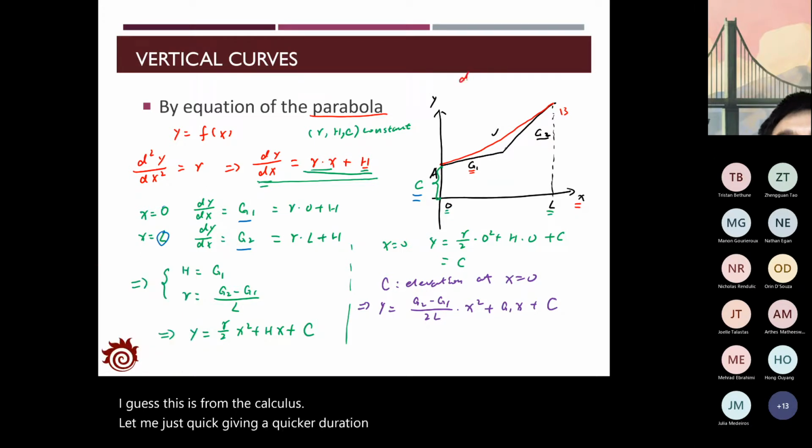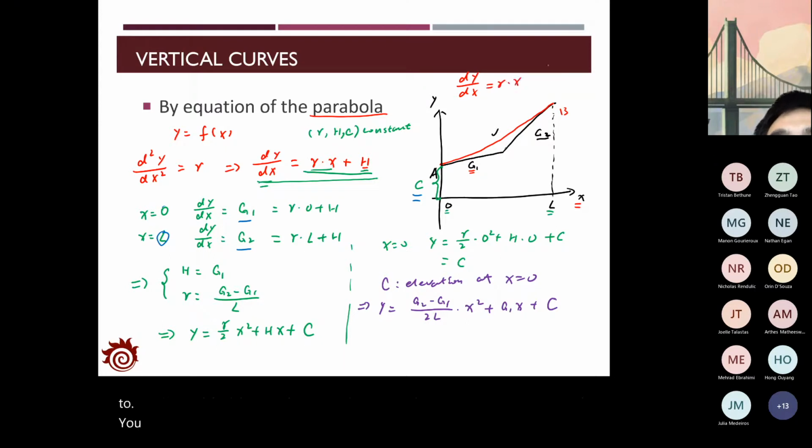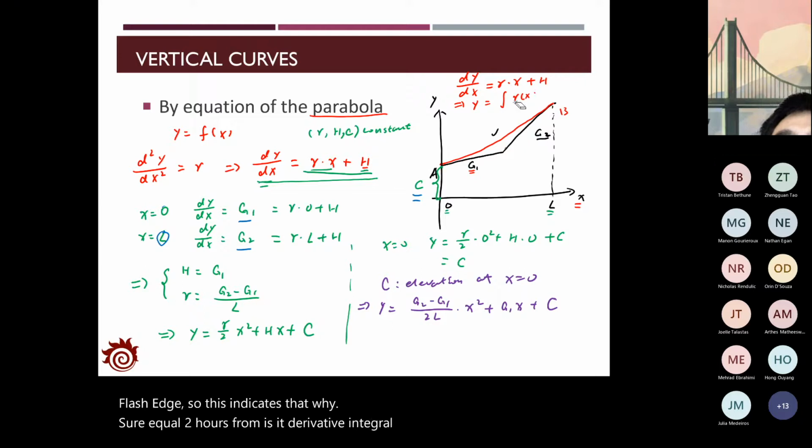So you have dy divided by dx equal to rx plus h. So this indicates that y should equal the integral of r times x plus h.